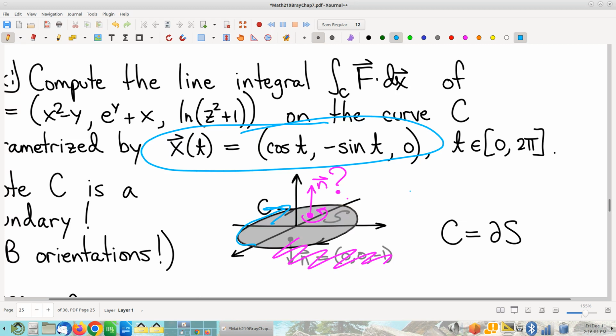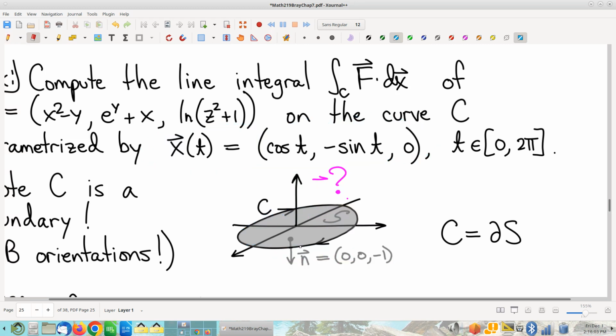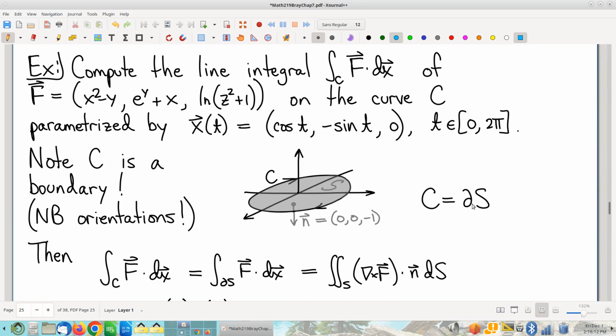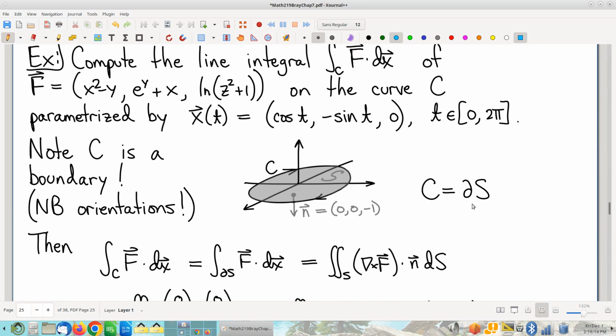Okay. So, good news, we've got a boundary. We are in business. We can totally use Stokes' theorem.